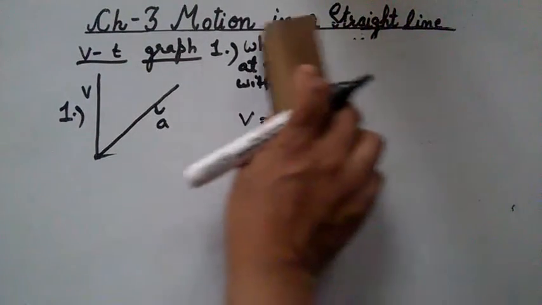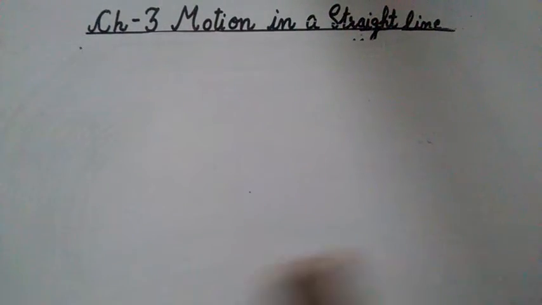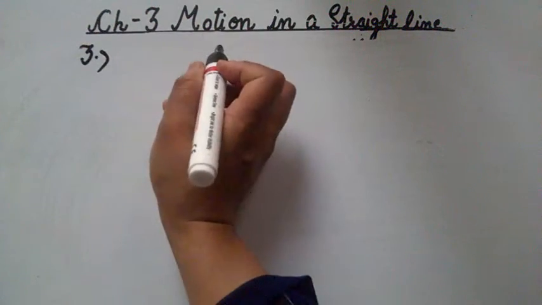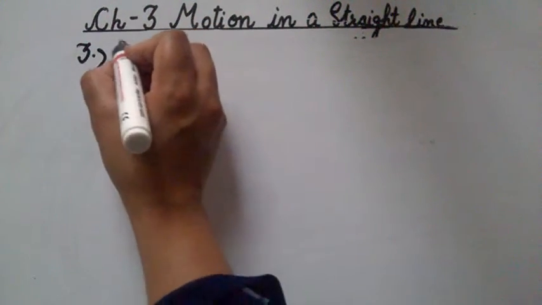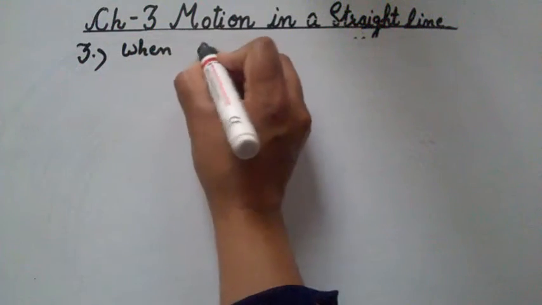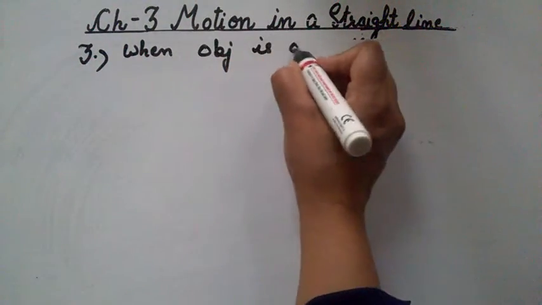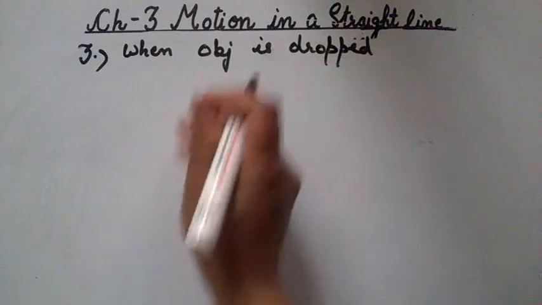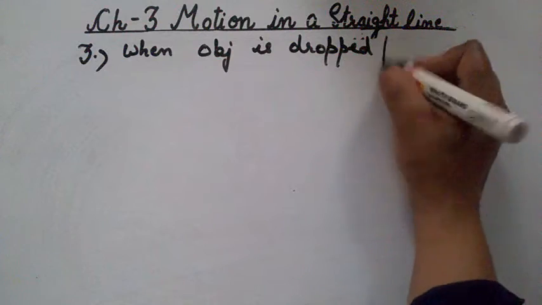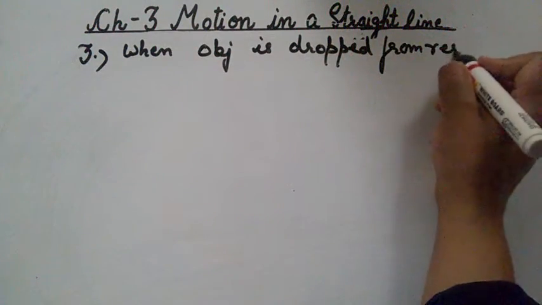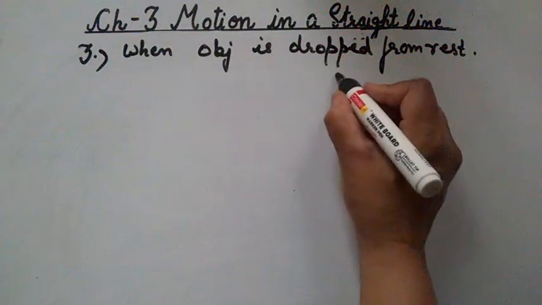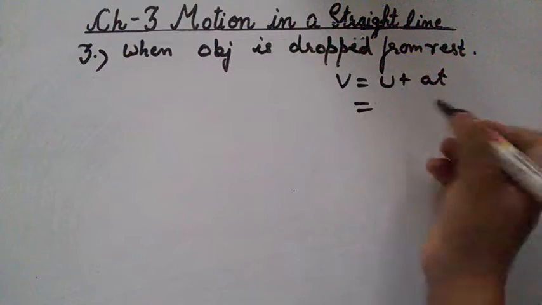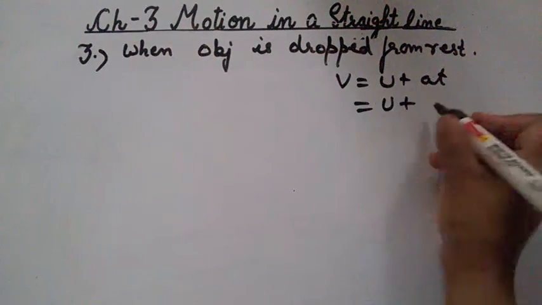Third situation, when object is dropped from rest. If we are using word dropped, it means we are dropping it from some height. When object is dropped from rest, then by first equation of motion, v is equivalent to u plus at, and here instead of acceleration we will use gravity.